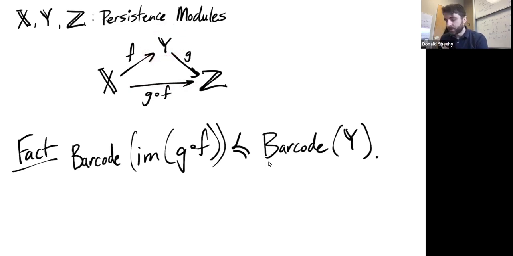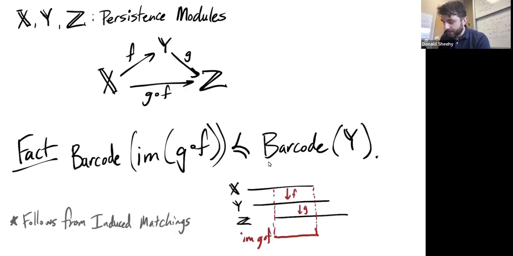Now, if you want to prove this, it's not too hard. I'm not going to go through the proof. We have a couple different proofs of this, but one of the nicer ones uses this notion of an induced matching from Uli Bauer and Mike Lesnick. Roughly, this is a cartoon, but it will give you the rough idea. Let's say I had only one bar.